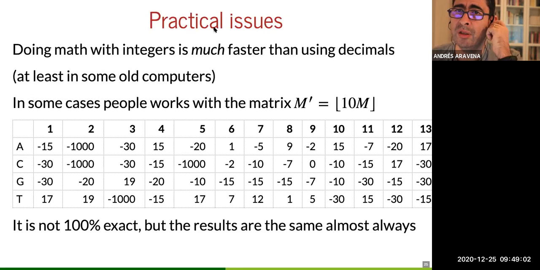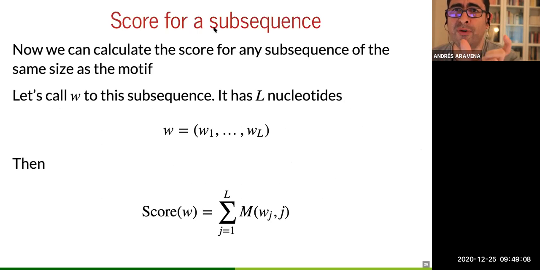This motif has 14 columns. And then let's take a set of 14 letters. Maybe we'll be able to do it in Excel. If we have time at the end of the class, we do a practical thing in Excel. Let me go to the slide first, and we do the practical before the break.